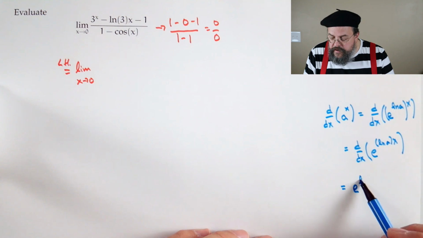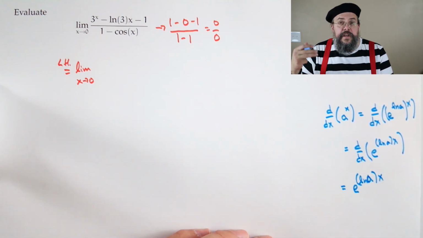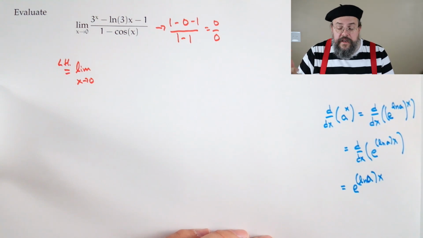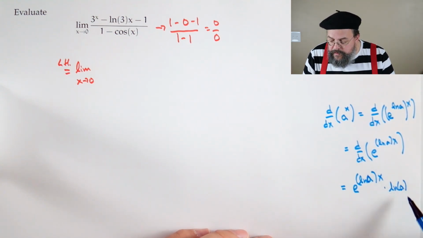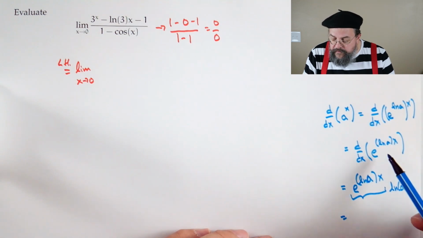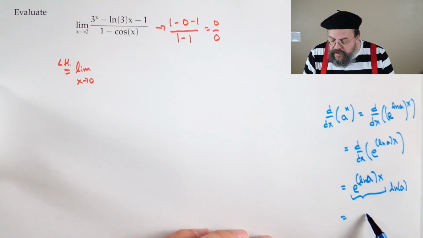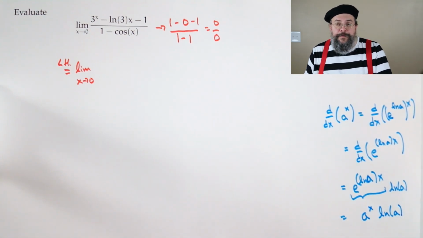The derivative of e to the something is e to the something times the derivative of the inside. So that's what's upstairs. But of course, this inner piece, e to the log of a times x, is the same thing as what we started with. So it's a to the x times natural log of a. All right, so that was our quick reminder.